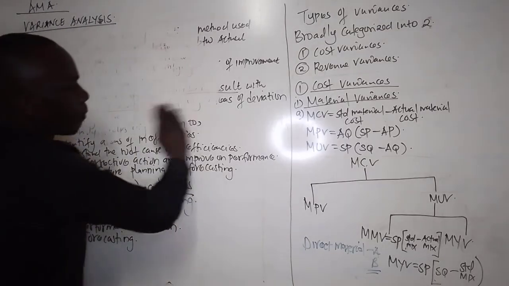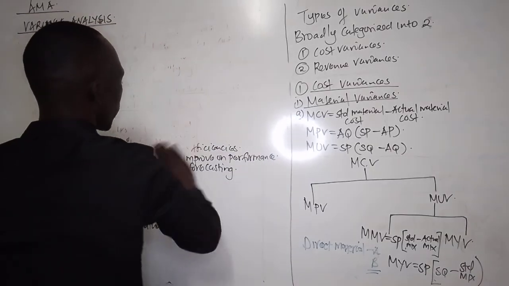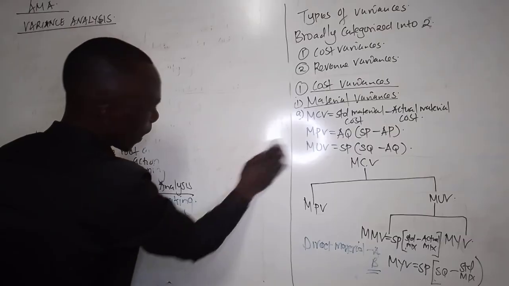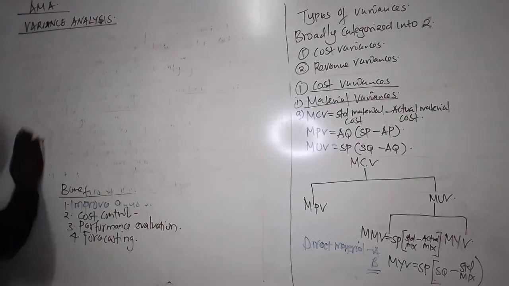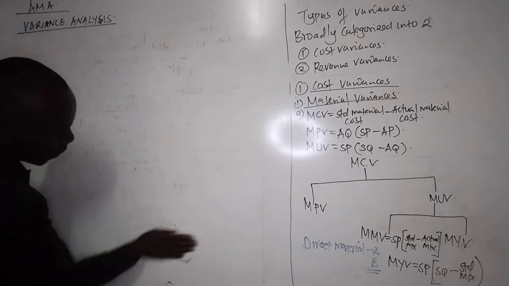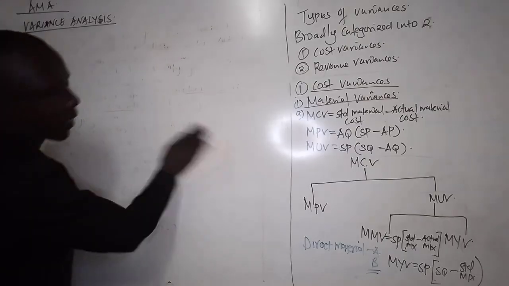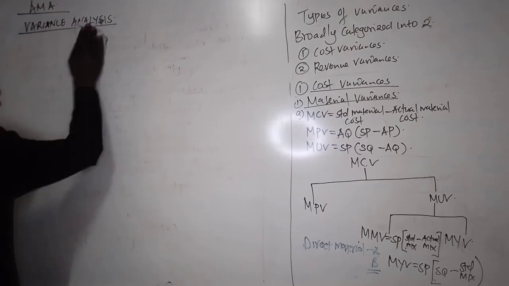Other than the material price variance, the next variance we are going to look at is what we call the labor variance. The next one will be the labor variance.